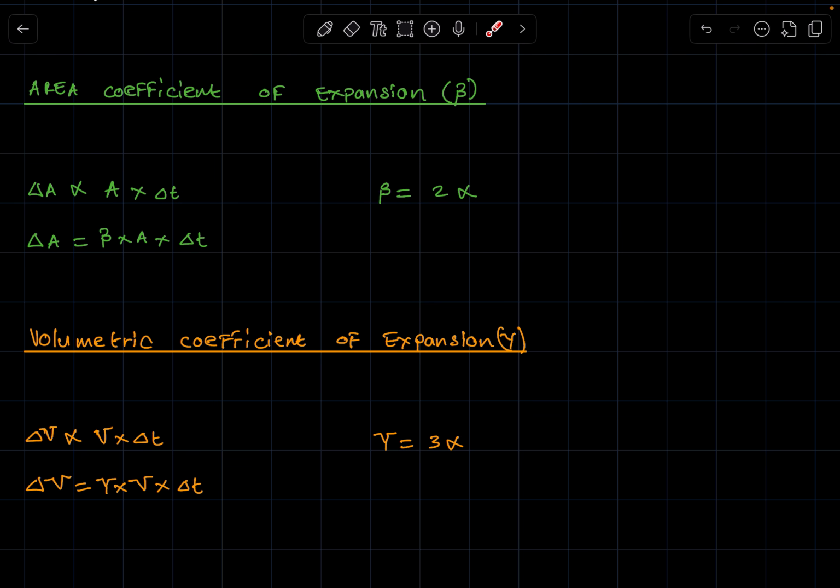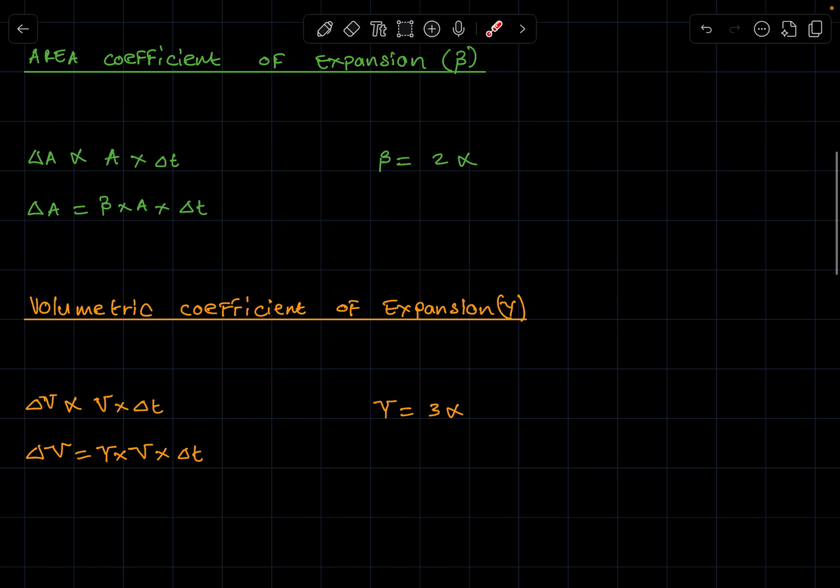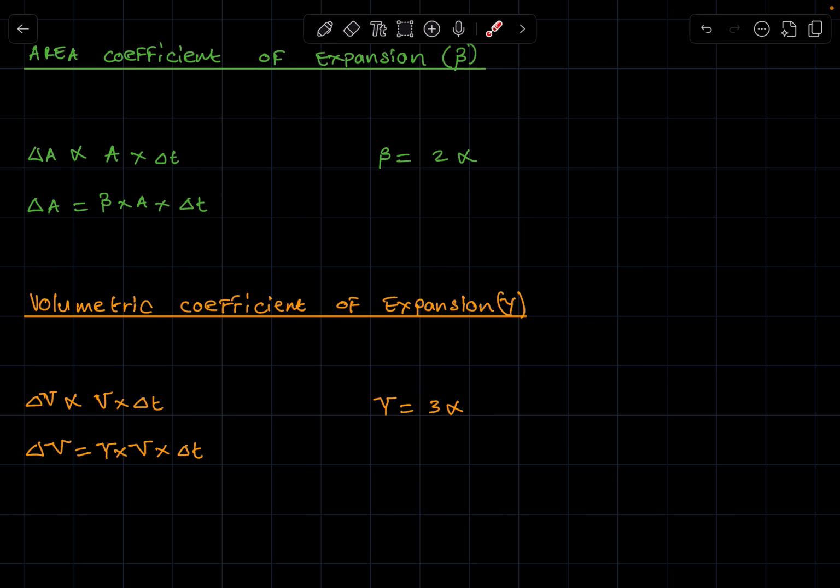Normally these constants are given at the back of your question paper under constants, just before the formula sheet. So either you'll be given this in the statement, or if it is not in the statement, check the constants at the back of your question paper.